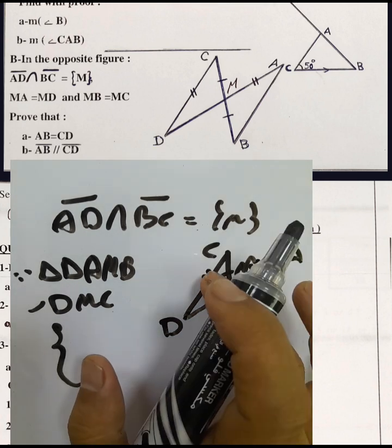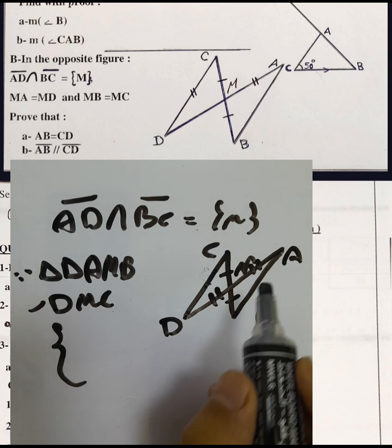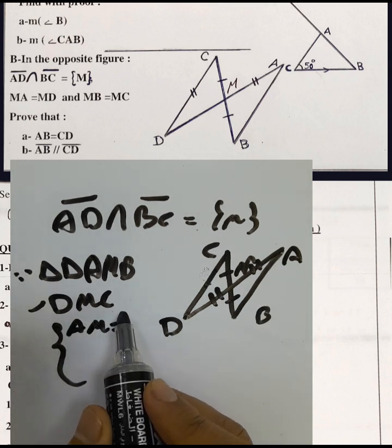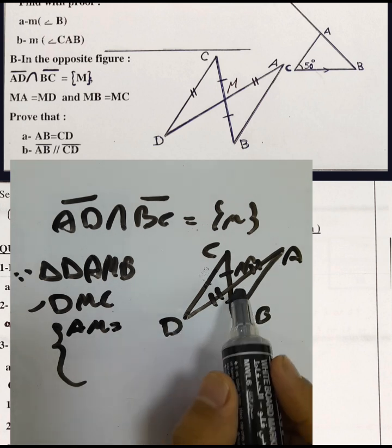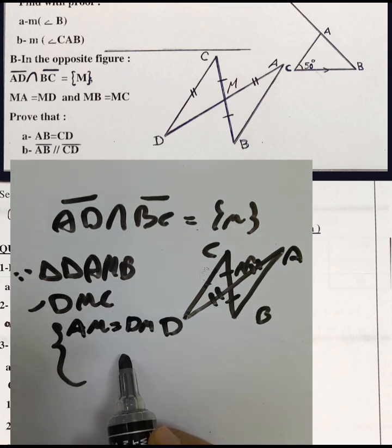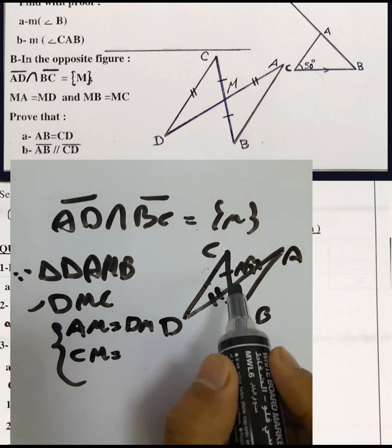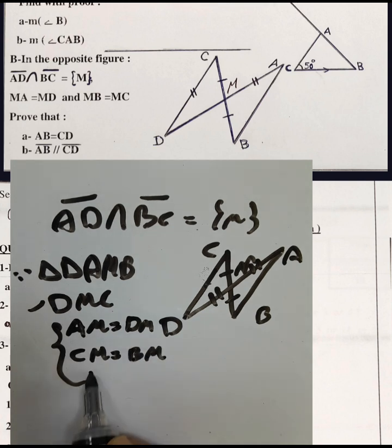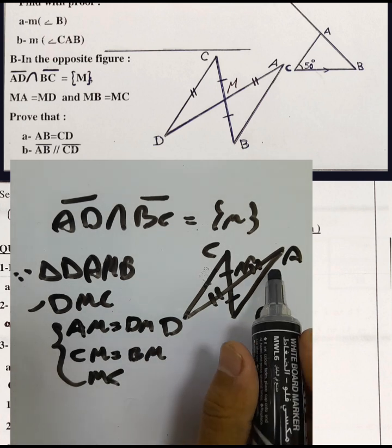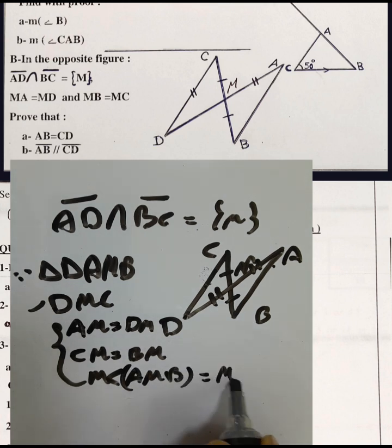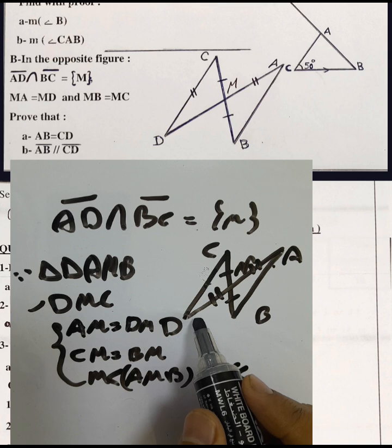He gives us AM equal to DM, and CM was equal to BM, and we have the measure of angle EMB equal to the measure of angle DMC.